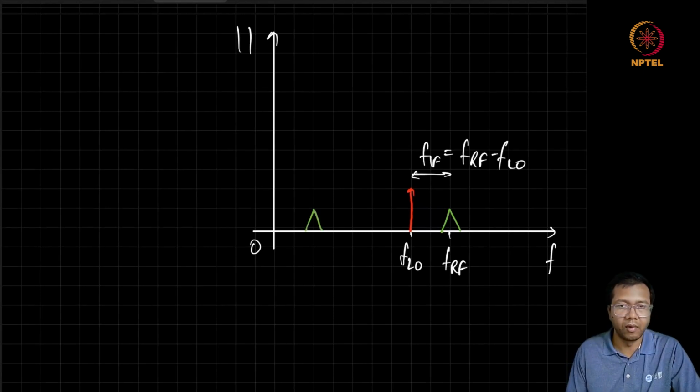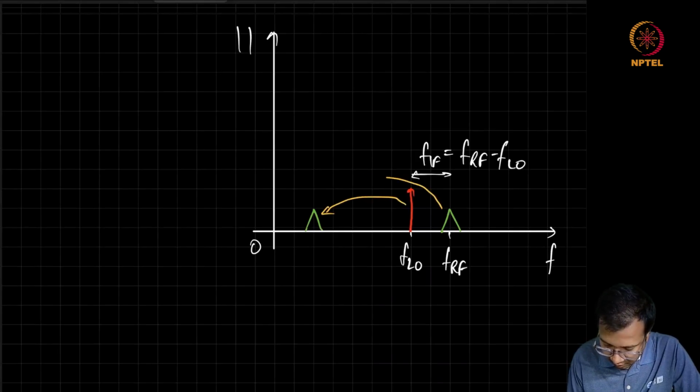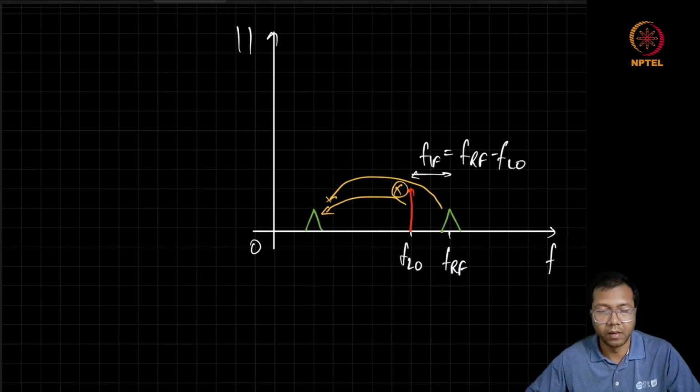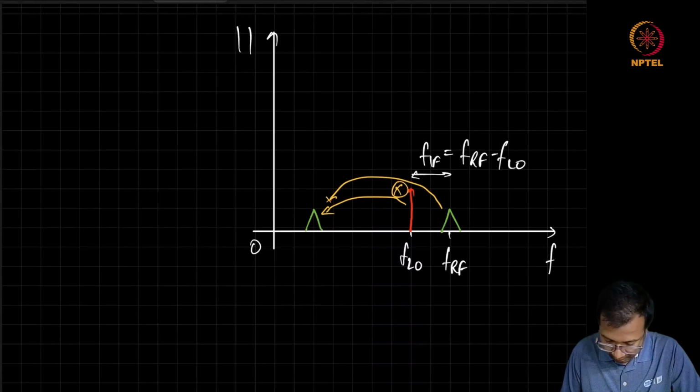So here we are showing only the single-sided spectrum. This mixing operation is going to reduce the frequency of the input signal to FIF.